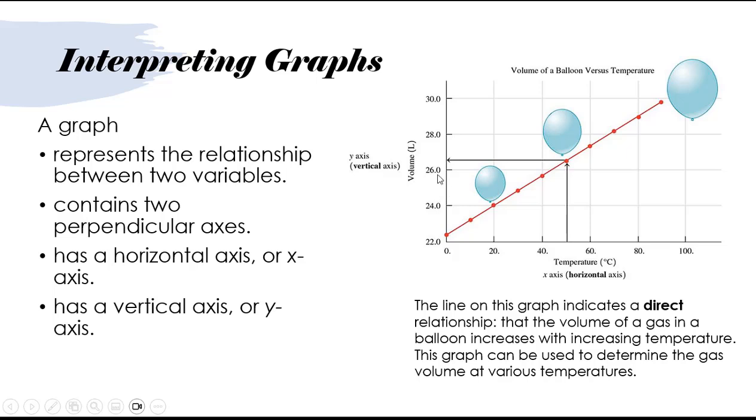You would say that's halfway between 24 and 26, so about 25.0 liters. If we were to fit this line to a model, we would have numerical values in an equation that we could use to quantitatively solve for that value, so that instead of guessing it's 25, we could calculate it specifically.